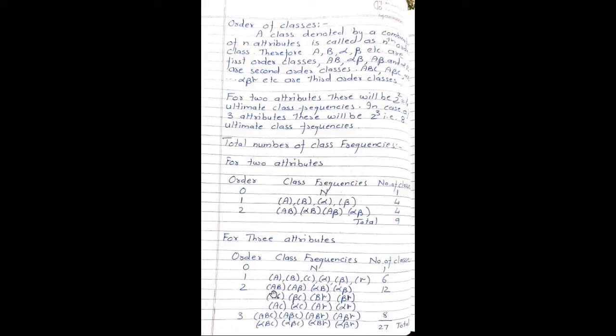At second order, AB, A beta, alpha B, alpha beta, BC, beta C, B gamma, beta gamma, AC, alpha C, A gamma, alpha gamma. There are 12 classes. For order 3, ABC, A beta C, AB gamma, A beta gamma, alpha BC, alpha beta C, alpha B gamma, alpha beta gamma. There are 8 classes. So 1 plus 6 plus 12 plus 8, total there are 27 classes.